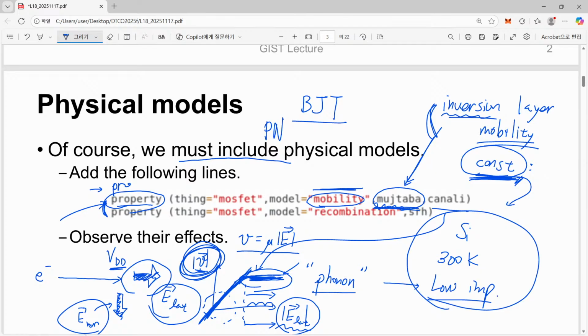This model itself actually contains not only the inversion layer mobility effect, it also contains some bulk-like effects.